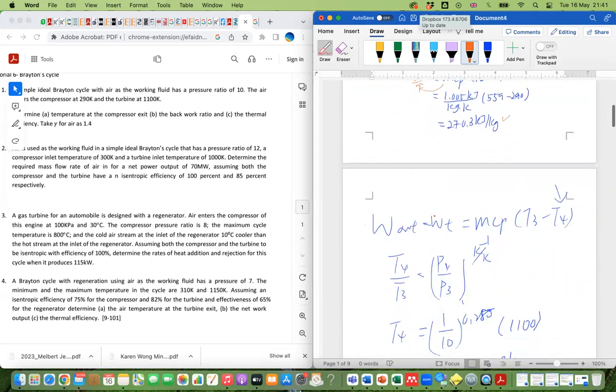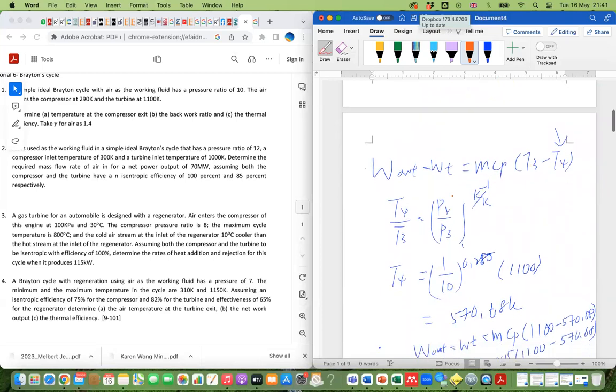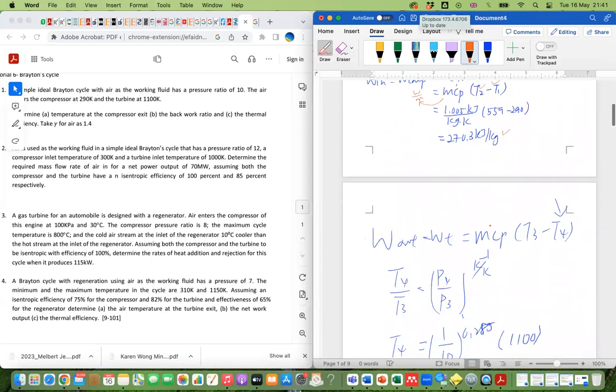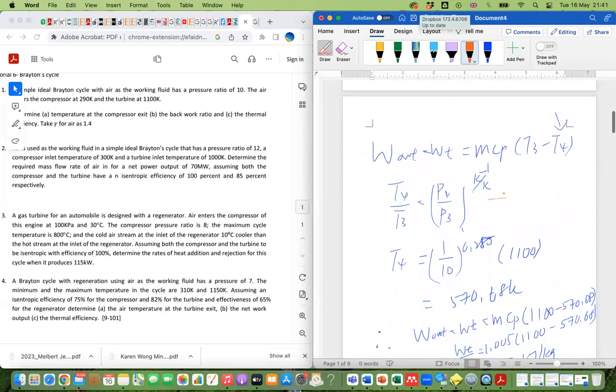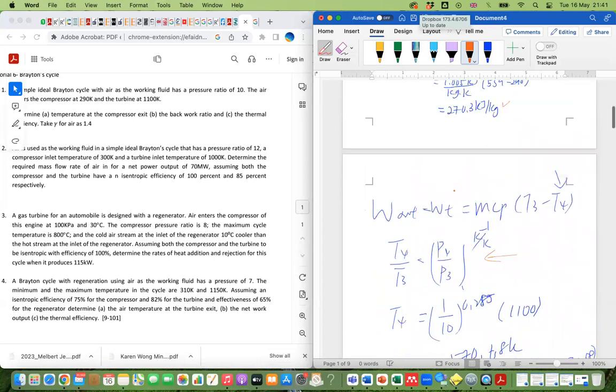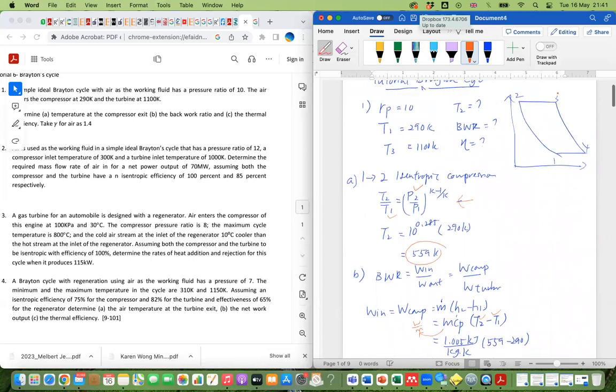Then next, we need to find our work out. Work out is m Cp (T3 minus T4). But we don't have T4. If you look at this graph, 3 to 4 is isentropic expansion, so we can use this formula and plug in here. P2 over P1 is 10, so P3 over P4 is 10.